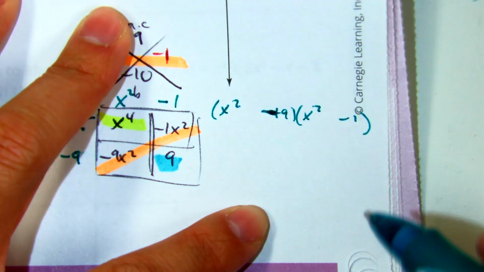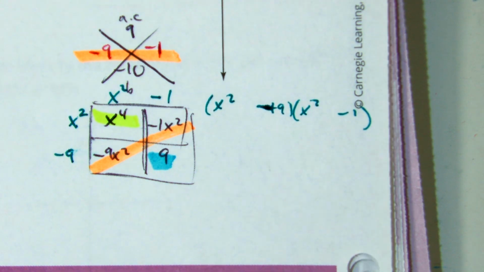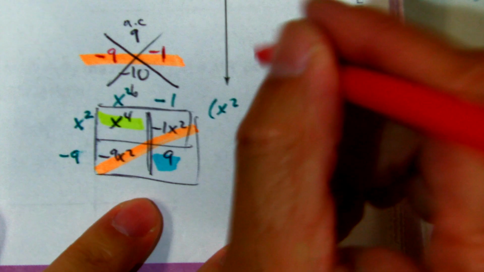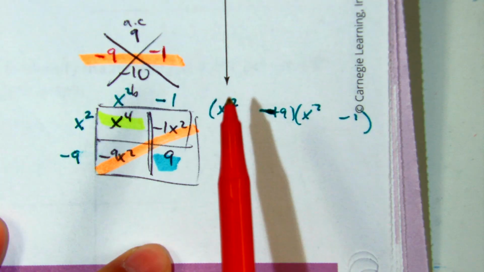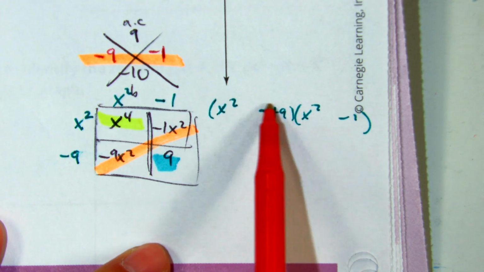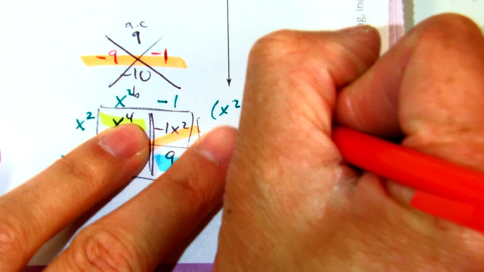Tell your partner why I left a big space in the middle. Class, is this A, B, or C? A. A, B, or C? What's my B value? 0x.